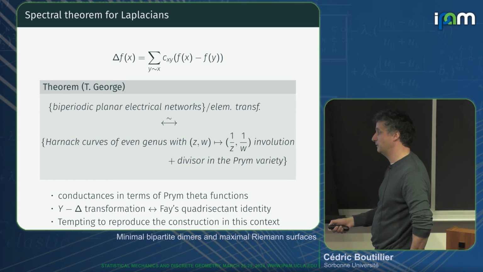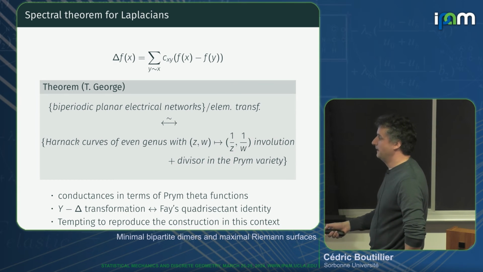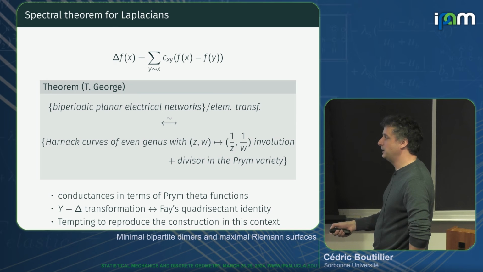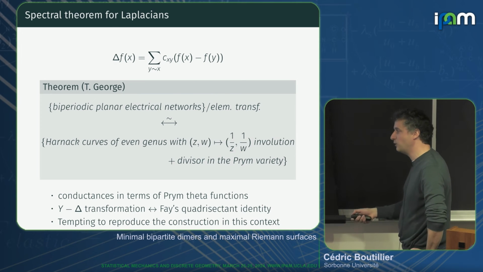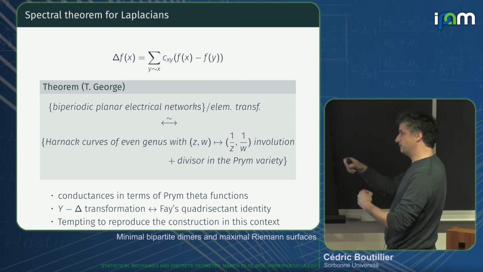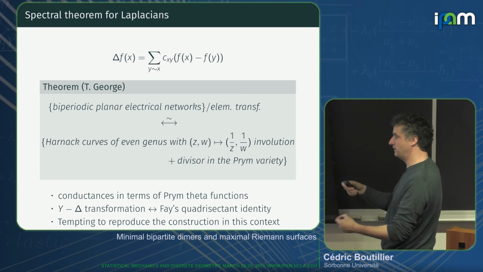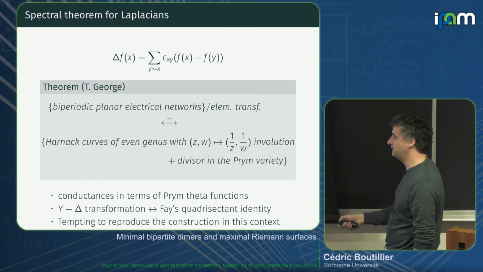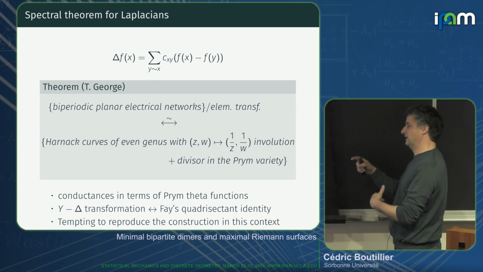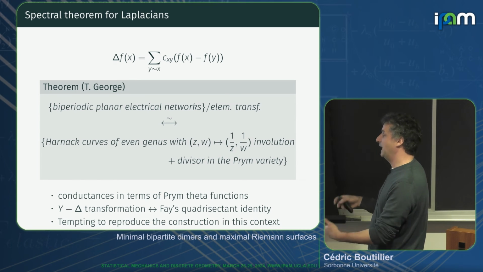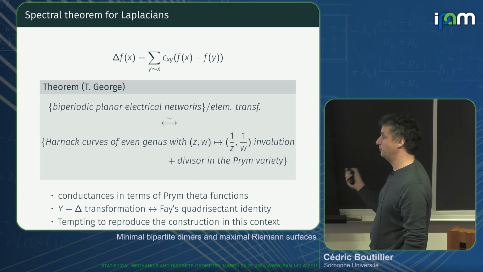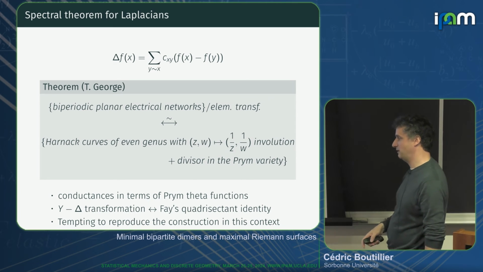And the interesting fact is that when you do elementary star-triangle transformation on the graph, the way conductances are transformed is somehow built in this Fay trisecant identity, which is an identity satisfied by the prime form and these Prym theta functions.